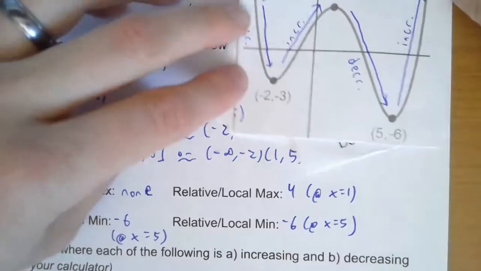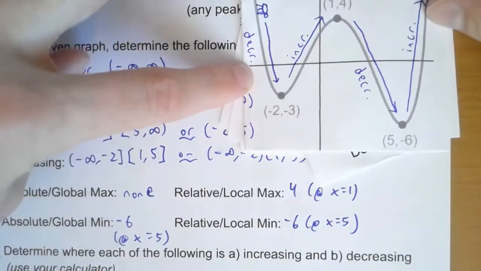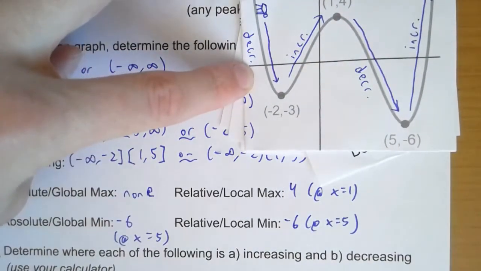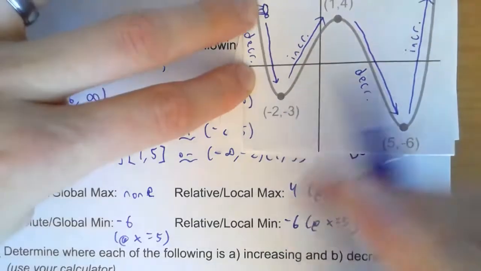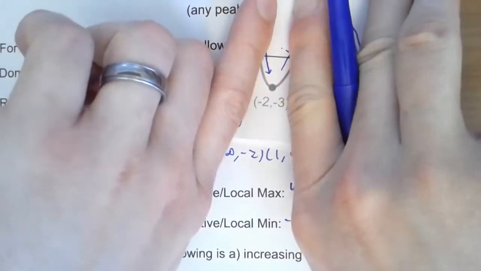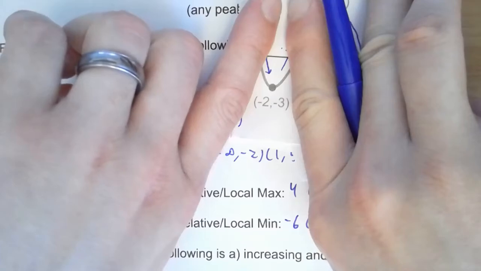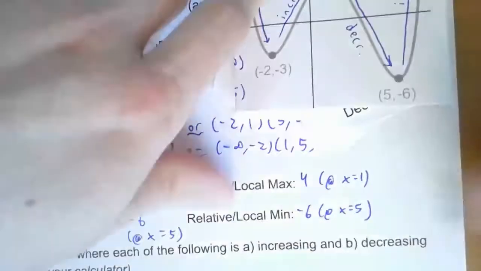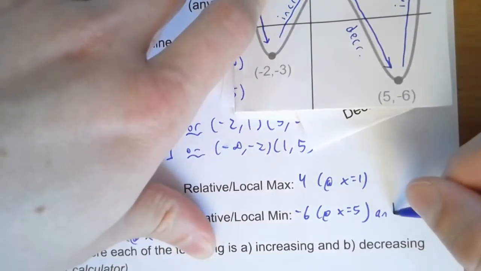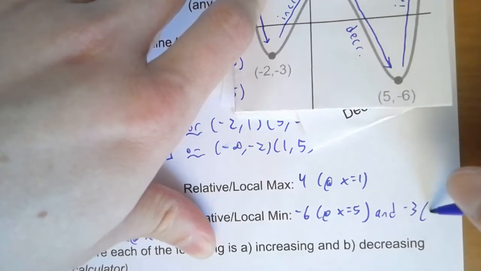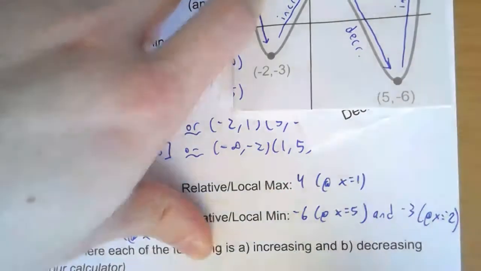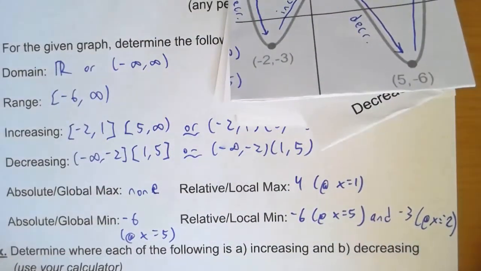But then there's another point that we would consider a minimum, just relatively speaking, locally. And that's this point right here. If we just focused on the area around it, just that section of the graph, it's a minimum. So we would also say that this -3 at x equals -2 is a relative or a local minimum.